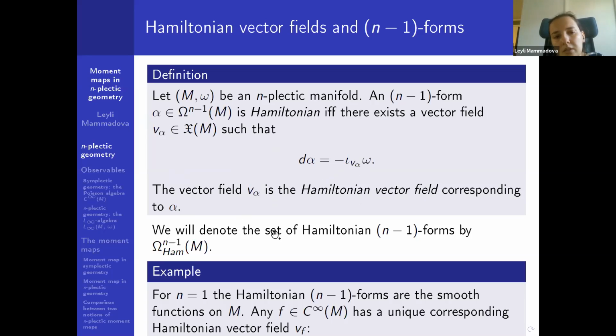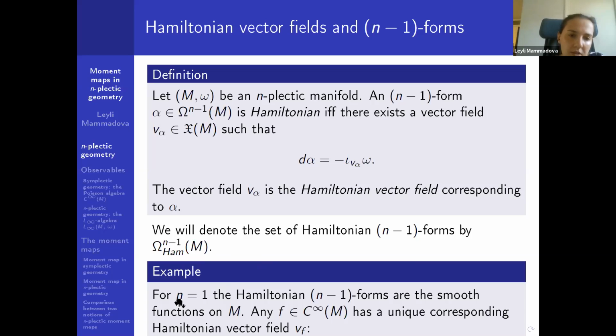And we will denote the set of Hamiltonian n-1 forms by this symbol right here. Let me tell you that if n is not 1, not all n-1 forms will be Hamiltonian. So this is not a void notation.